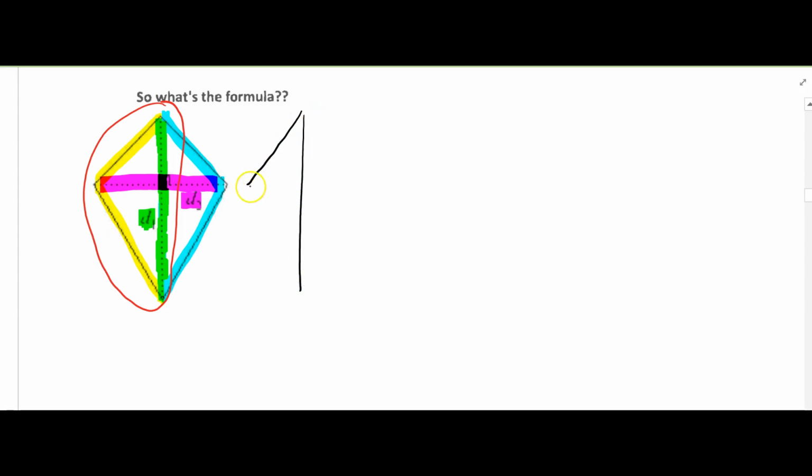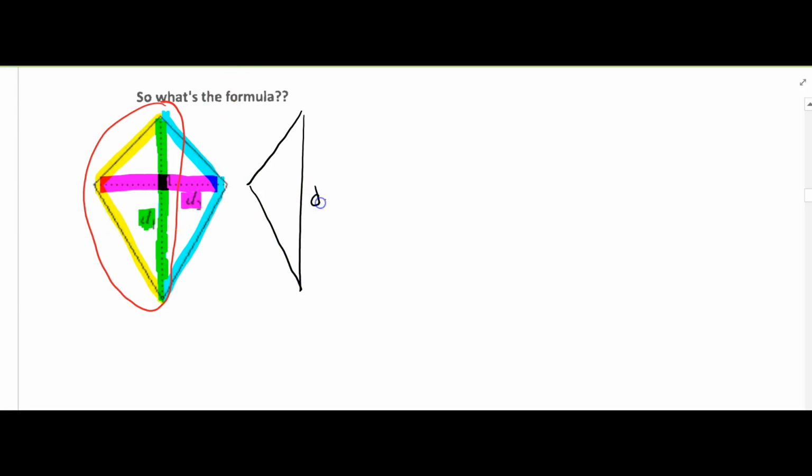Okay, and then my diagonal 1 is going to be this diagonal that goes down the middle, and my diagonal 2 is going to be the diagonal that goes left to right. So let's start by just looking at this left side. So I'm going to redraw it over here. So here's my left side, and the distance from the top to the bottom, that's going to be my diagonal 1 distance. That's the green distance, diagonal 1.